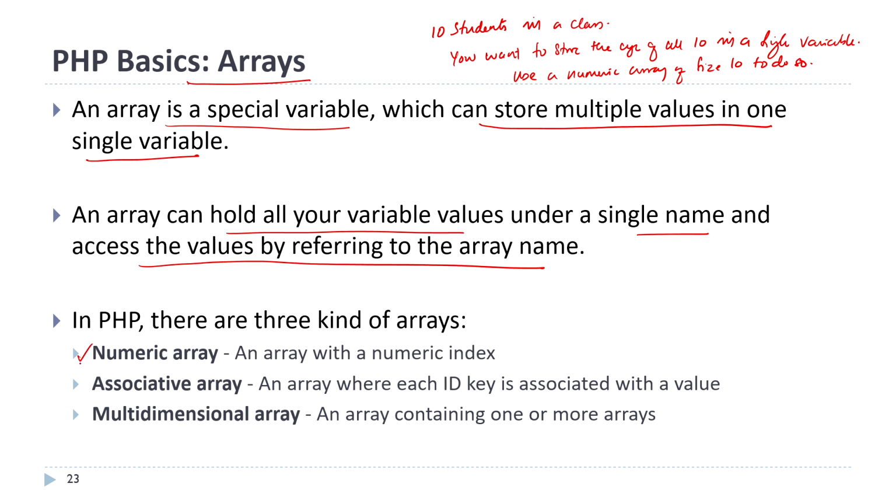A numeric array, number 1, very popular, which has a numeric index. Associative array, second one, where each ID, there is a key associated with a particular value, and it is very popular with queries when you deal with the DBMS. And then multi-dimensional arrays, an array containing one or more other arrays.